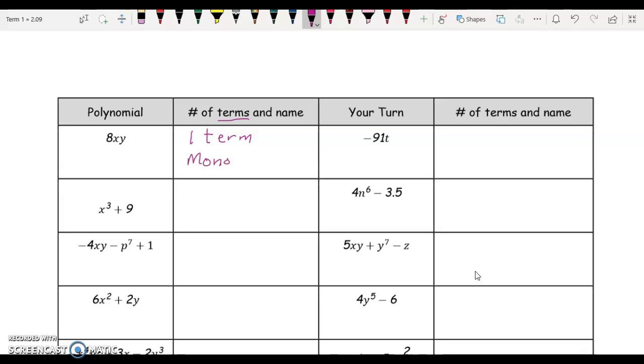Mono means one. Okay? One term, monomial. A two-term polynomial is called a binomial.